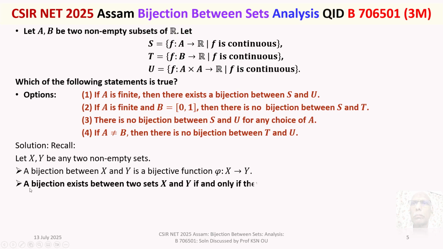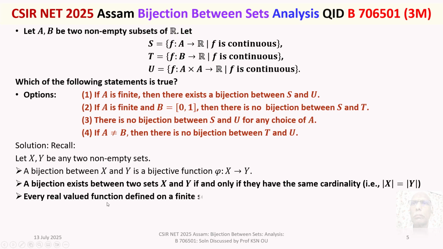A result, a bijection exists between two sets X and Y if and only if they have the same cardinality, that is the cardinality of X is equal to cardinality of Y. Another result, every real valued function defined on a finite set is always continuous. Every real valued function defined on a finite set is continuous.